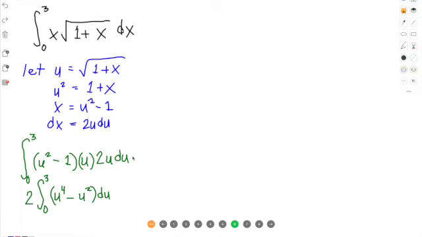Compared to the first one, this one is easier to integrate.